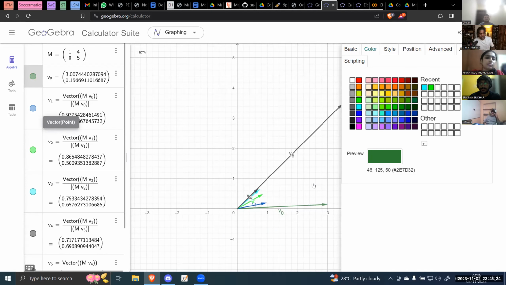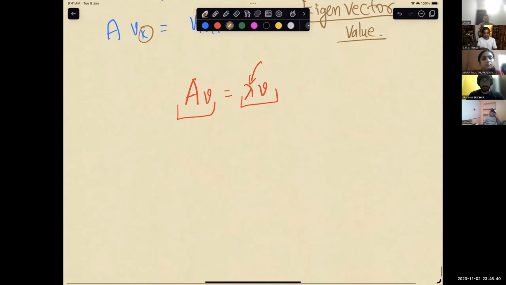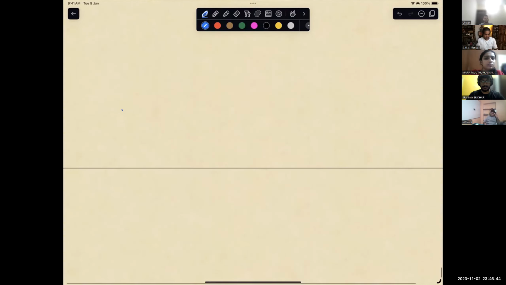Okay. Now look at this. Okay. All right. You know why this is happening? Your matrix A was being applied on a vector V, correct?